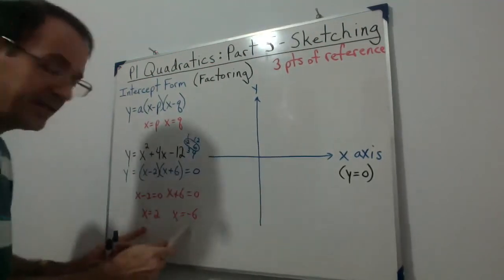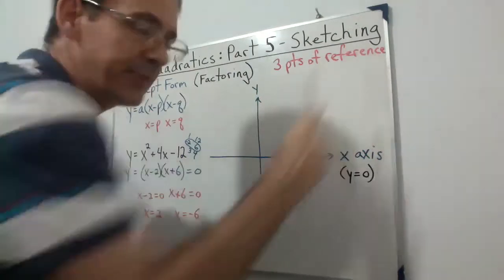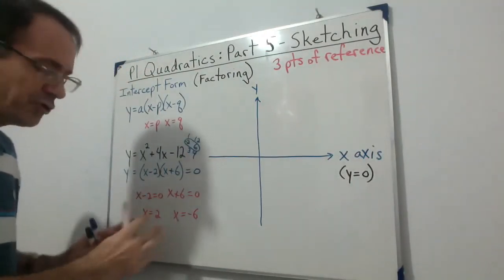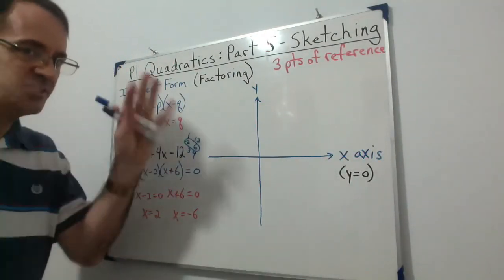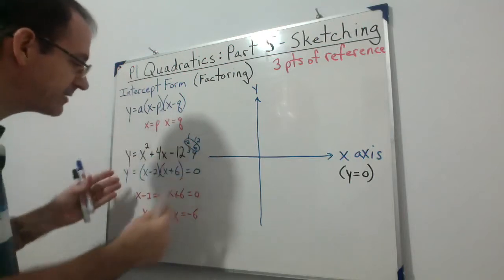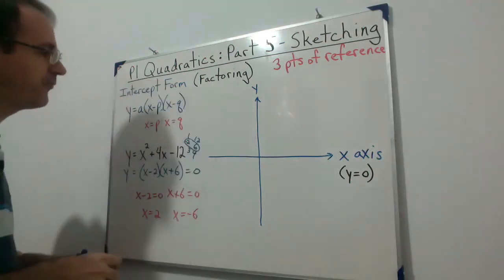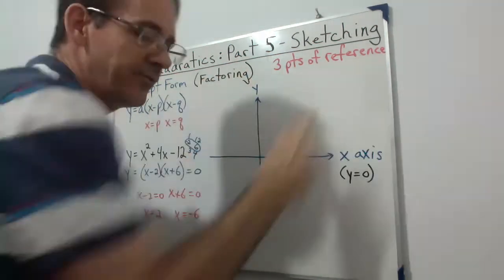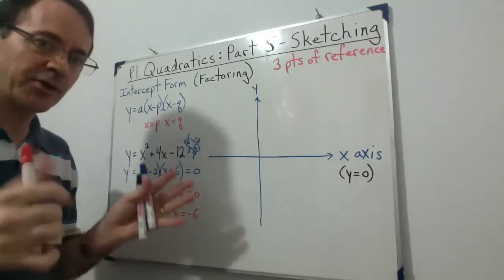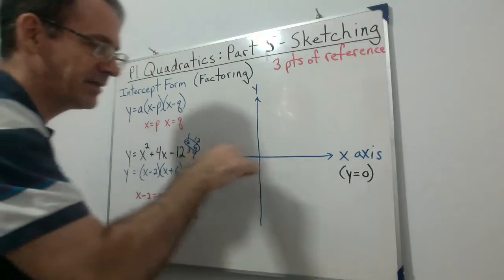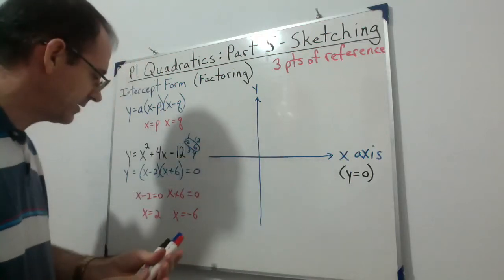Now these are 2 of your 3 points of reference. These are 2 key points, not just any random point. We factored so that we could get intercept form so that we can have 2 of our 3 points of reference. They're 2 important points because it's where it crosses the x-axis.